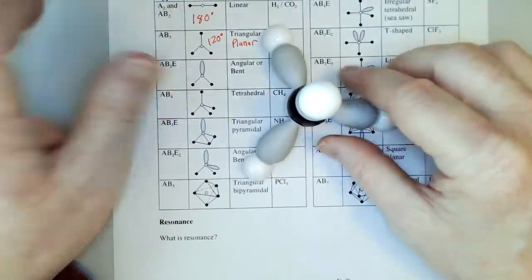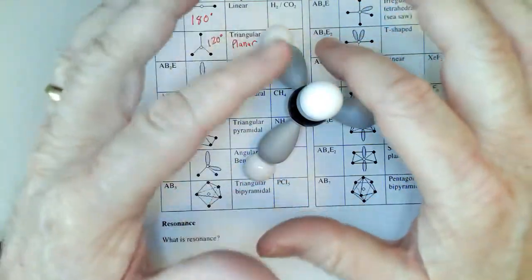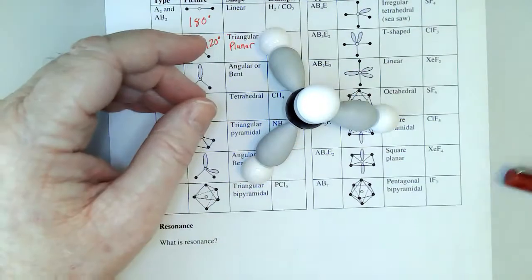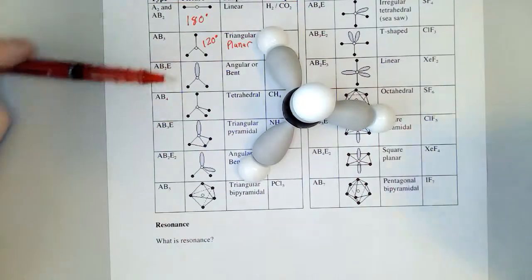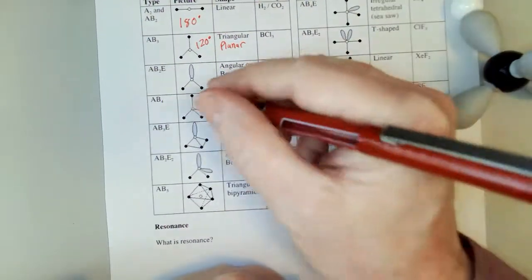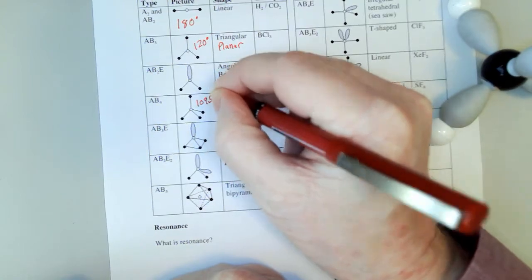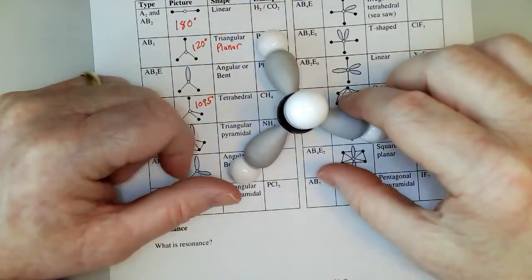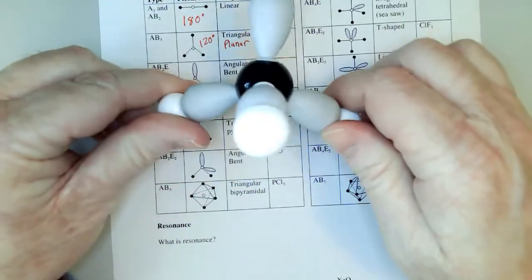Tetra for 4, hedral for faces. Now, the angles are not 90-degree angles, because when it pushed out to being three-dimensional, you can see, hey, look, my pen can go underneath that. We got up to angles of about 109.5 degrees. It doesn't matter which way I hold this, it basically looks the same.